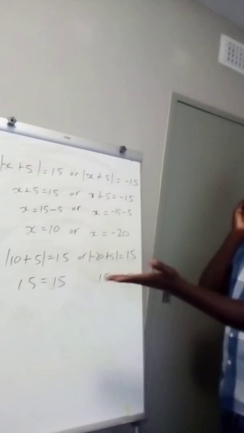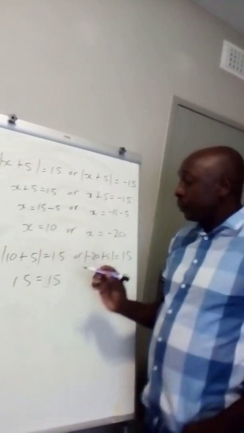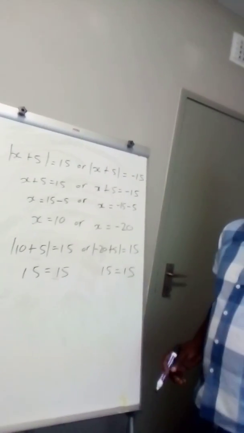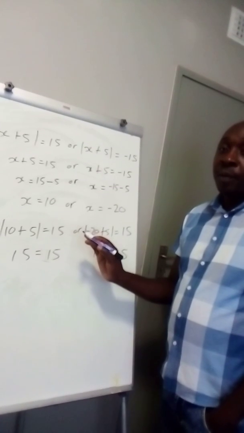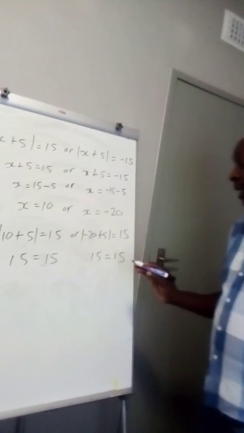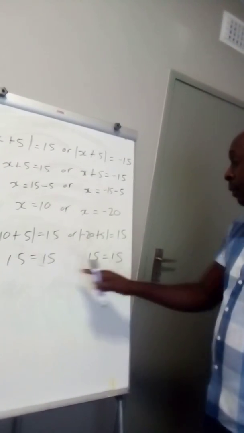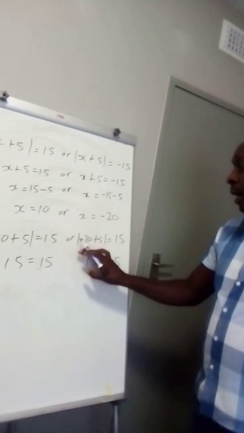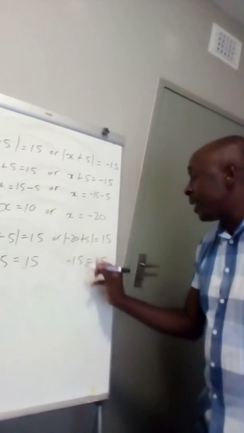This is how you evaluate absolute value. This was negative, so it's now 15, it's now positive. Okay, sorry, this is minus 15.